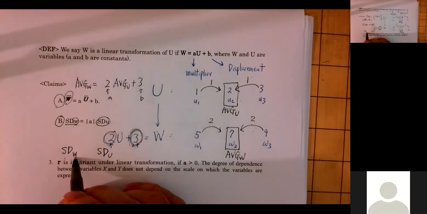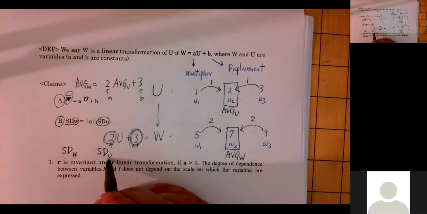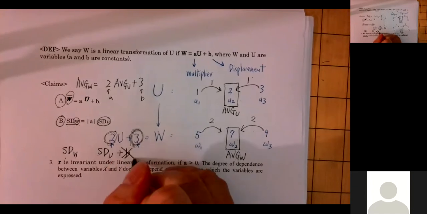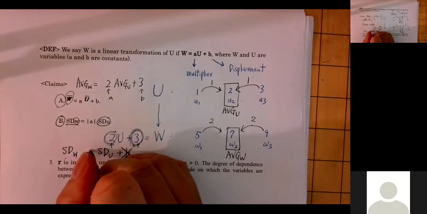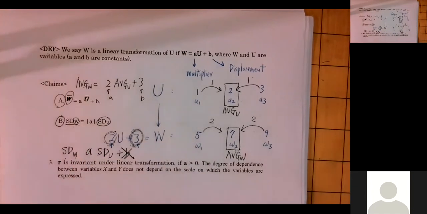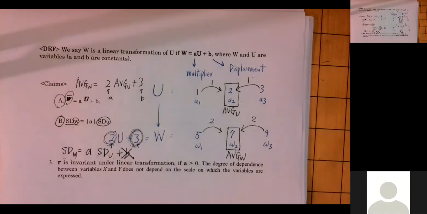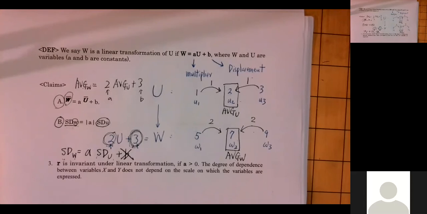So standard deviation W, how is that related to standard deviation U? As I mentioned, it has nothing to do with what? Displacement. It only relates to the multiplier A. Okay? But what do you know about standard deviation? Standard deviation measures the average distance to the center. And distance to the center is a positive number. Okay? Cannot be negative.